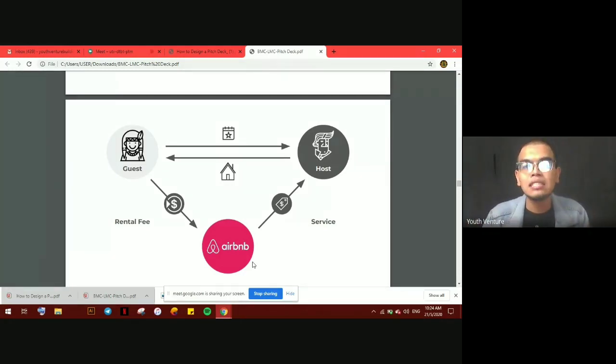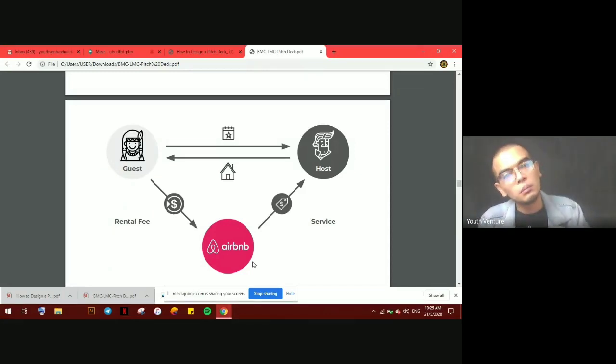And then the host, on the host's side, the value that they get from Airbnb is mostly monetary. So when the guests pay rental fee to Airbnb and Airbnb relays the rental fee to the host, in between, Airbnb actually takes a cut out of it, because they actually provide a place for the host to make money.